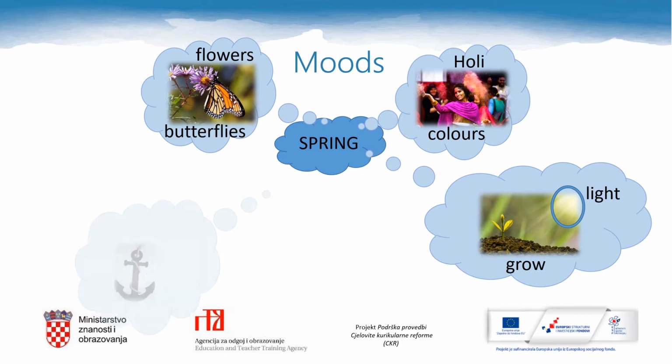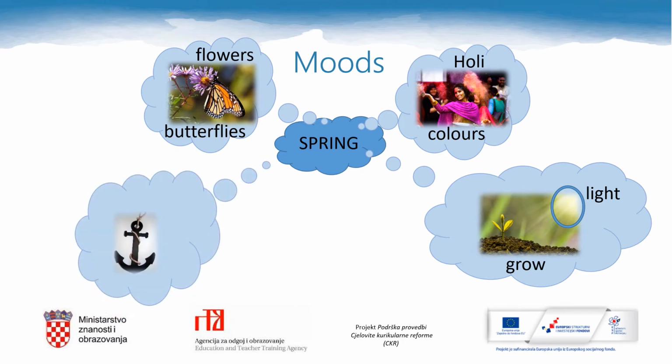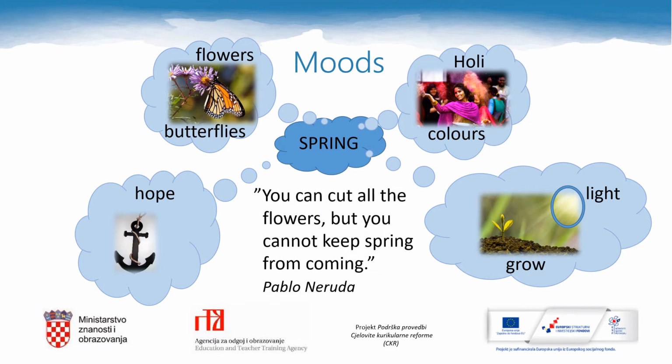All the new beginnings in springtime give us something that this photo of anchor represents. Anchor usually represents hope, of course. Like Pablo Neruda says, you can cut all the flowers, but you cannot keep spring from coming.